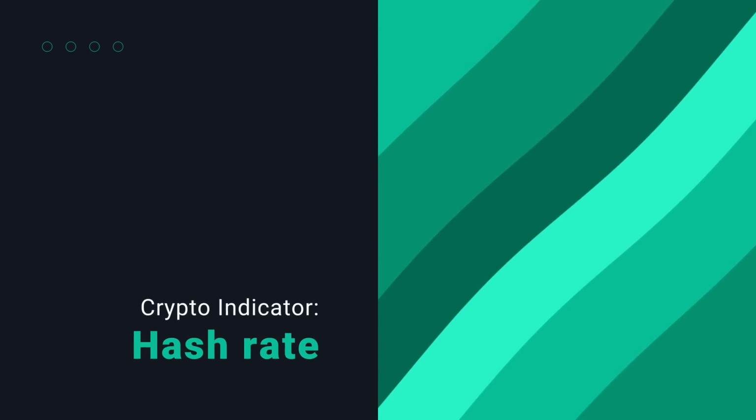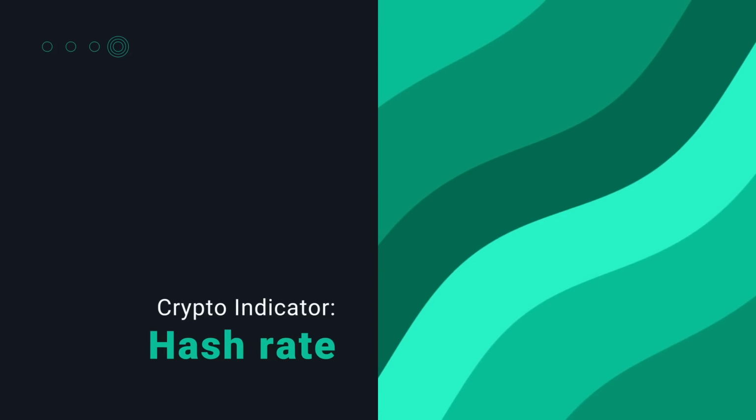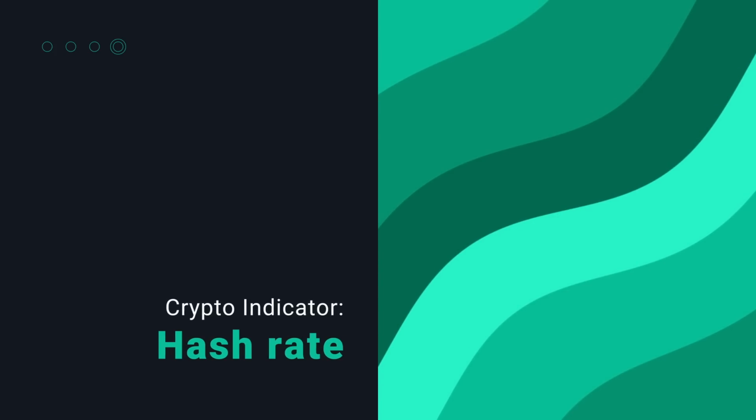Last but not least, when talking about crypto indicators, it's also very important to at least mention hash rate. Hash rate is not actually an indicator which you get from the ledger, for example, just like stock-to-flow, but it is very important if you're very new to crypto markets and you want to start monitoring graphs.